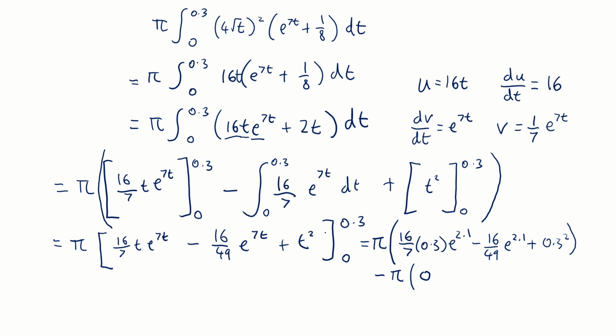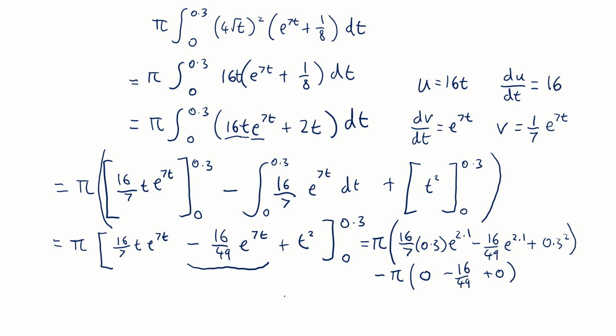But don't make the mistake of just assuming plugging 0 into things automatically makes that thing always become 0. That's a big mistake students make, and none more so to watch out for than in this integral, because minus 16 over 49 e to the 7t won't become 0 when you plug 0 into it. It will become minus 16 over 49. And then plus the t squared will become 0.